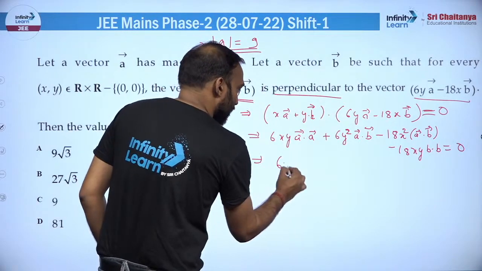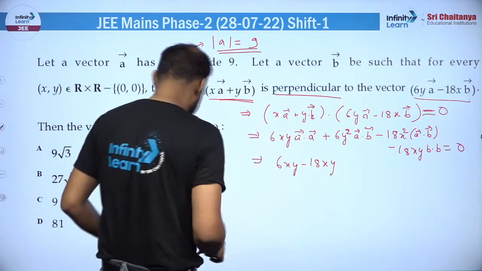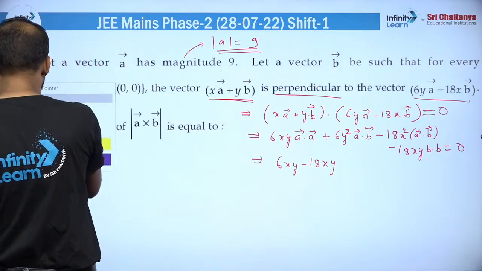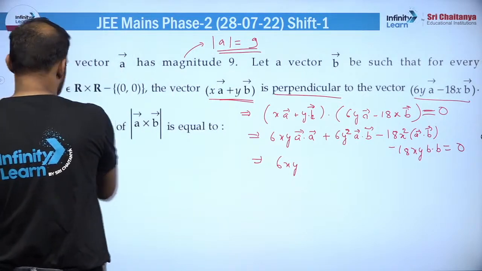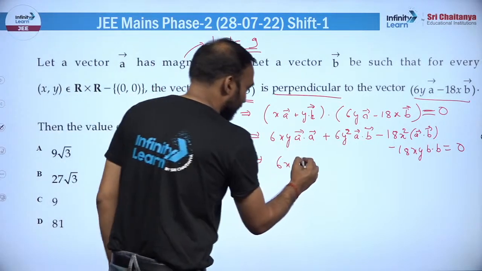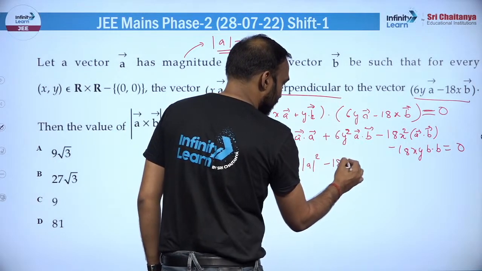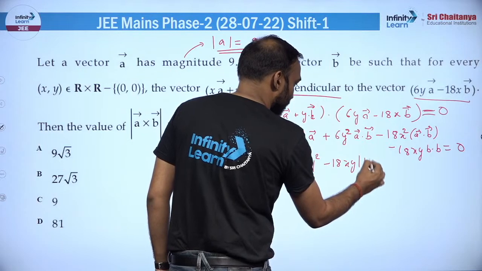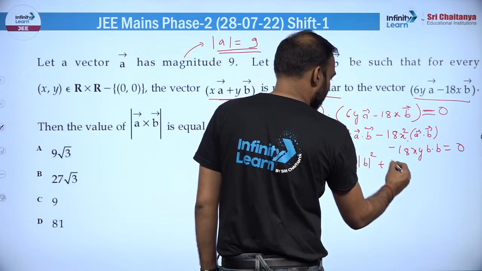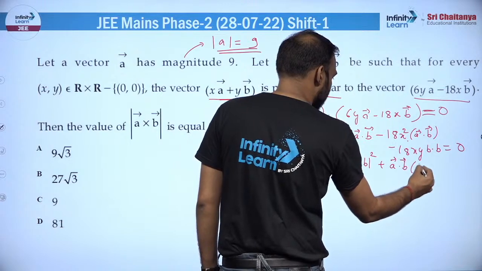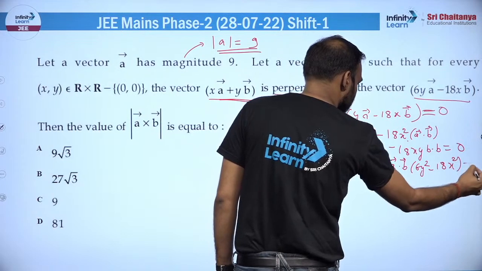So I'll take 6xy minus 18x, that was A into B. So this is 6xy into A dot A, that is mod A whole square, minus 18xy, B dot B is mod B whole square. Then from these two I can take A dot B out, so I am left with 6y square minus 18x square, this is equal to 0.